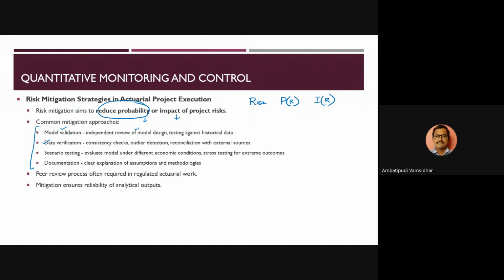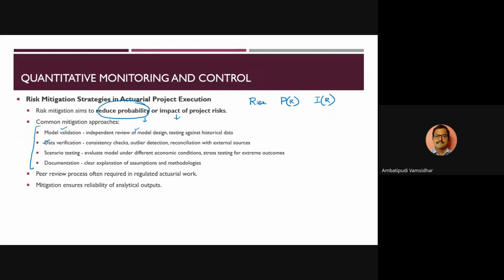Rather than landing into data risk, you do consistency checks, you see if there are any outliers in the data, right? You get into a reconciliation with the external sources. So you may want to do a kind of data verification as such.